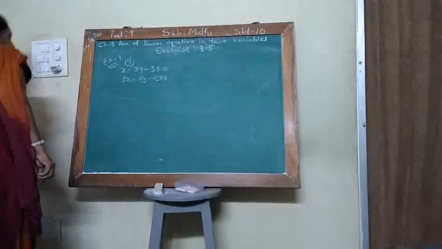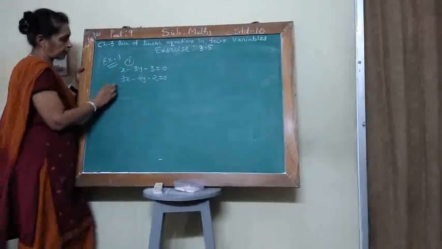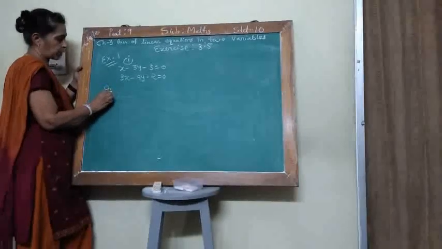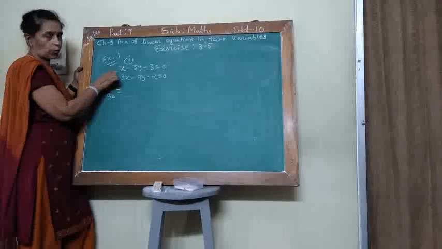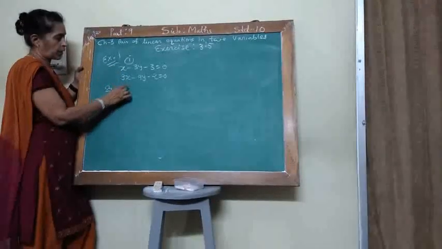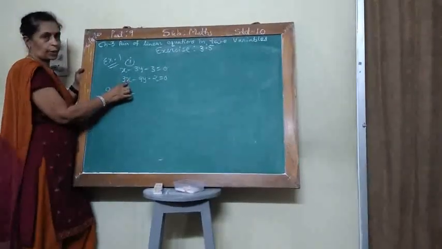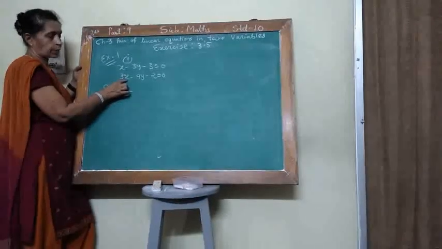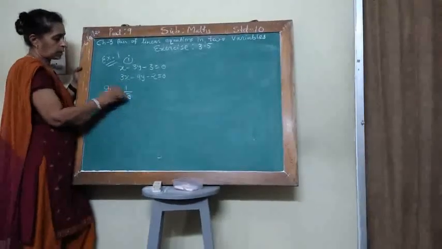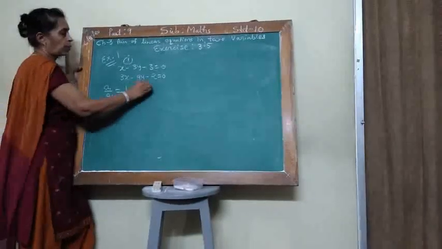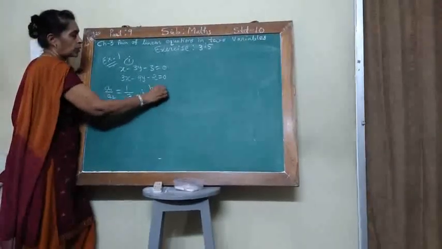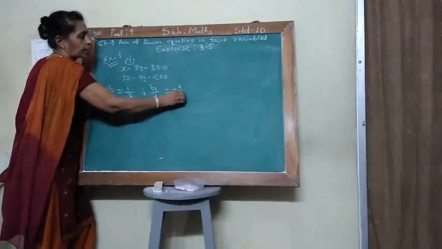Okay. So first we find the a1 upon a2 ratio. a1 means the coefficient of x, which is 1. The coefficient of x in the second equation, a2, is 3. So 1 upon 3 is the value of the first ratio. b1 upon b2 is minus 3 upon minus 9.